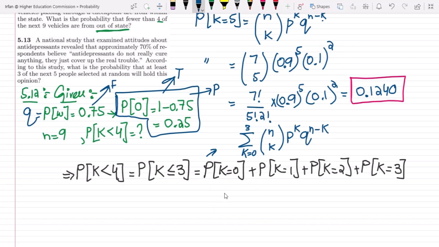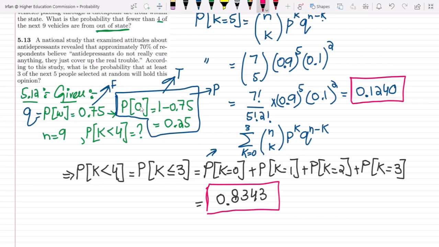Using the binomial probability formula for each of them, the answer would be 0.8343. That is basically the solution of question 5.12.